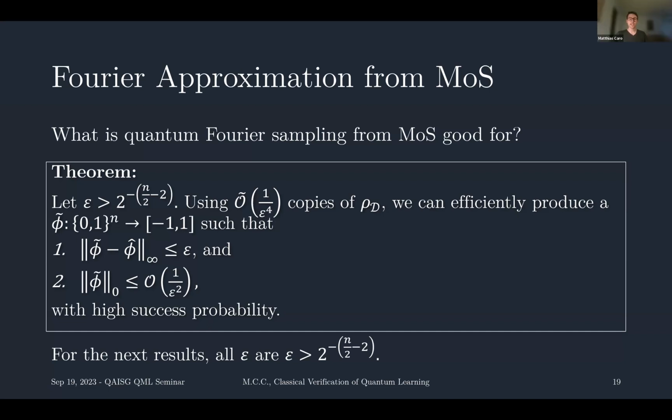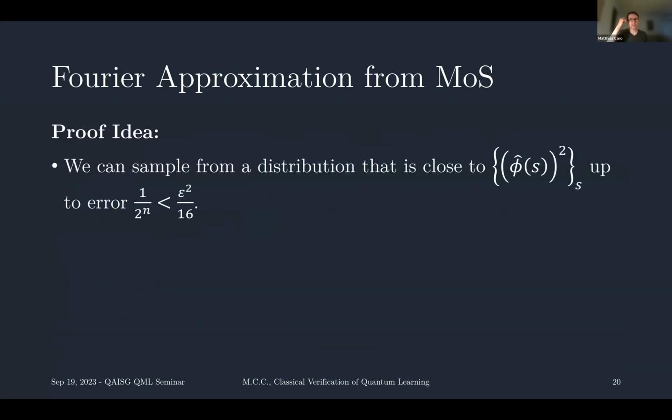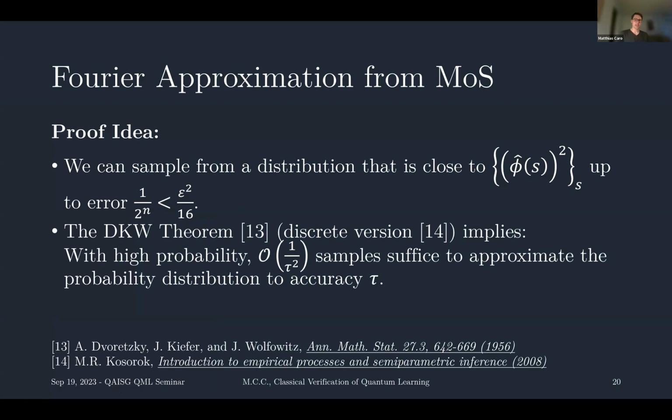So before I show you the application, let me just sketch the proof because it's actually pretty simple. So what we had before is we can sample from a distribution that's super close to the squares of the Fourier coefficients, up to an error that's smaller than something like epsilon squared over 16. And on the other hand, there's a beautiful theorem by Dvoretzky, Kiefer, and Wolfowitz from the 50s, and a discrete version of it, which was observed a little bit later, for example, in this textbook by Kosorok.